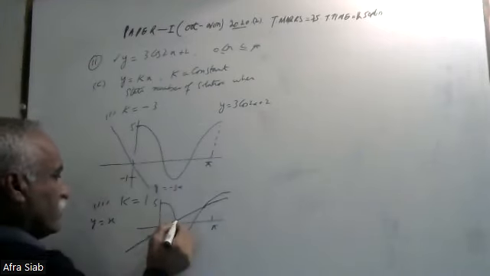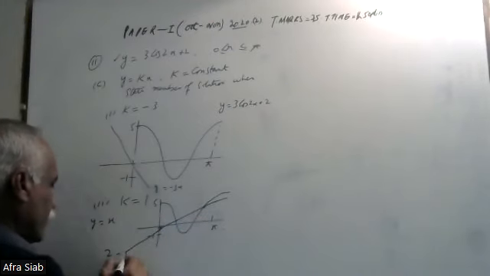This is passing from origin, cutting at 2 points there.